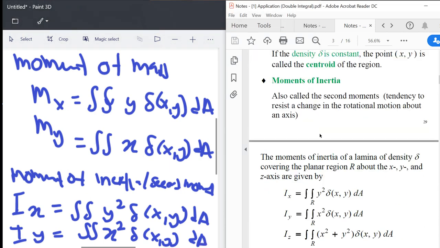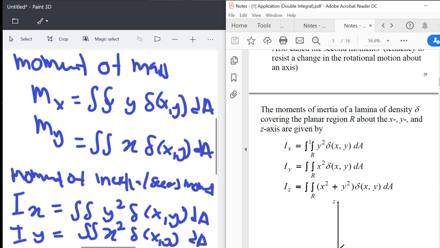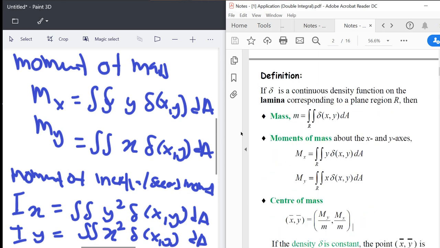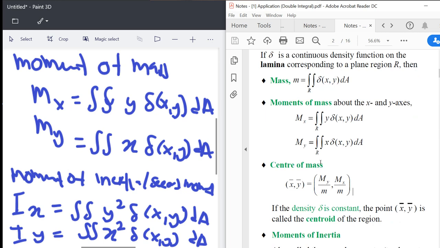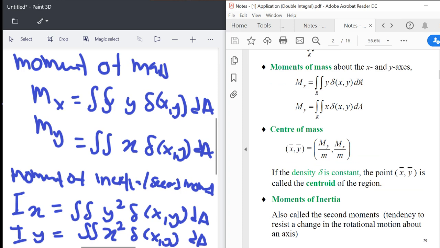We have one more, which is the moment of inertia for the z-axis. Basically the moment of inertia for the z-axis is a summation of the moment of inertia for x and y. That's why we have x squared plus y squared times delta times dA here. If you memorize the ones that represent the mass, the moment of mass, and center of mass, that is enough, since moment of inertia basically comes from there. Since the formula is not given, you have to memorize it on your own.